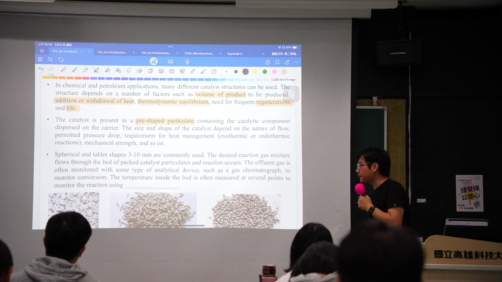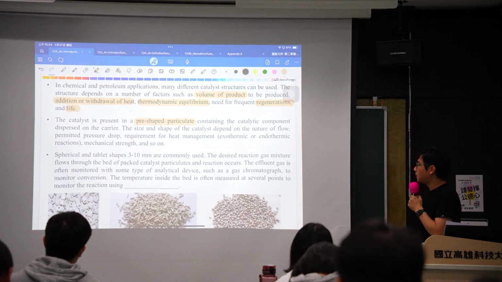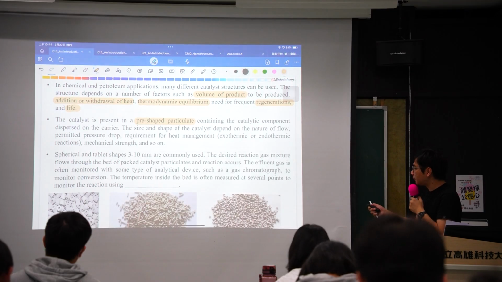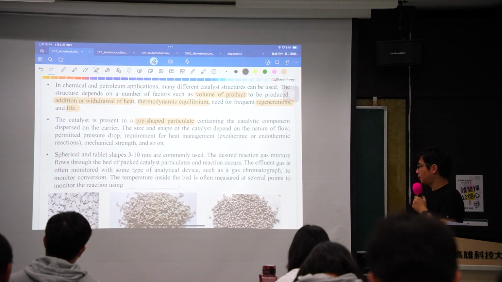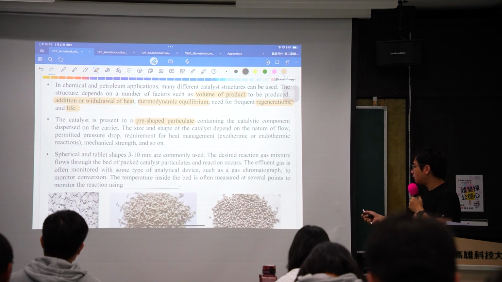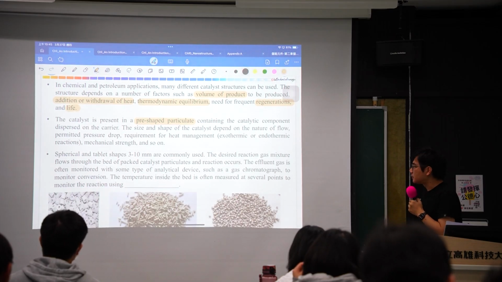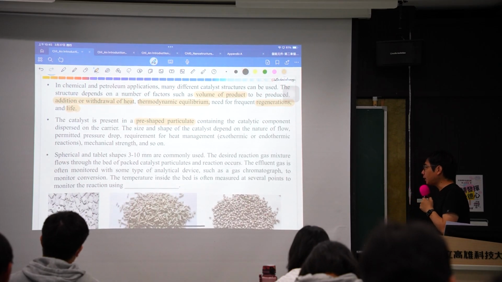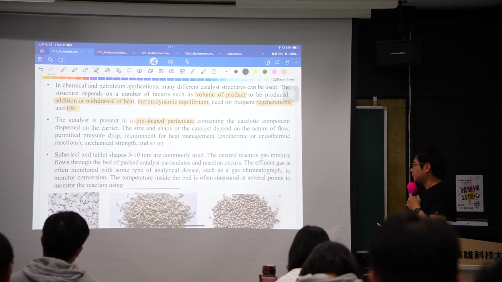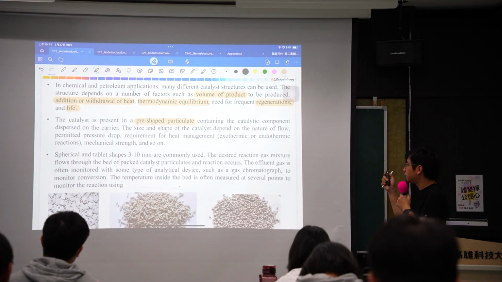So there are many factors influence how you select the shape particulate. Okay, you choose this one, or this one, depends on some factors like the flow rate, right?